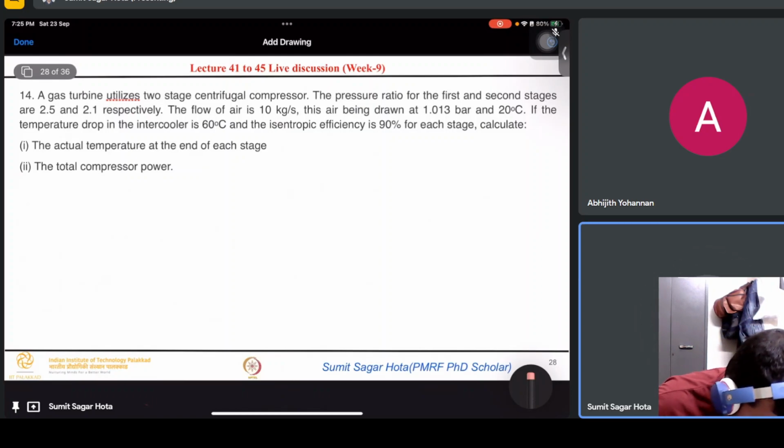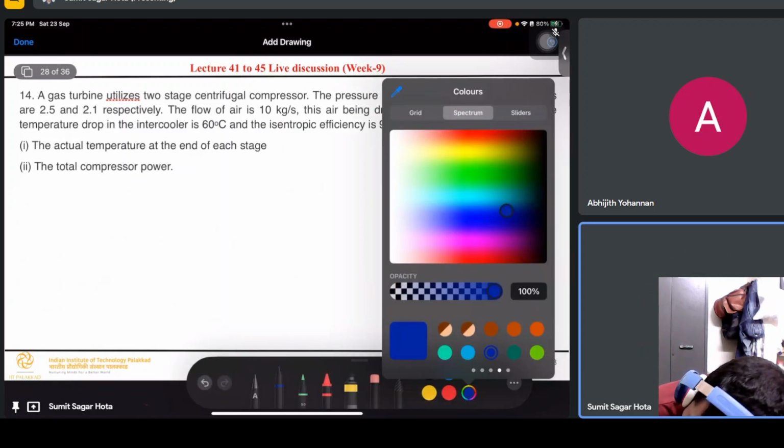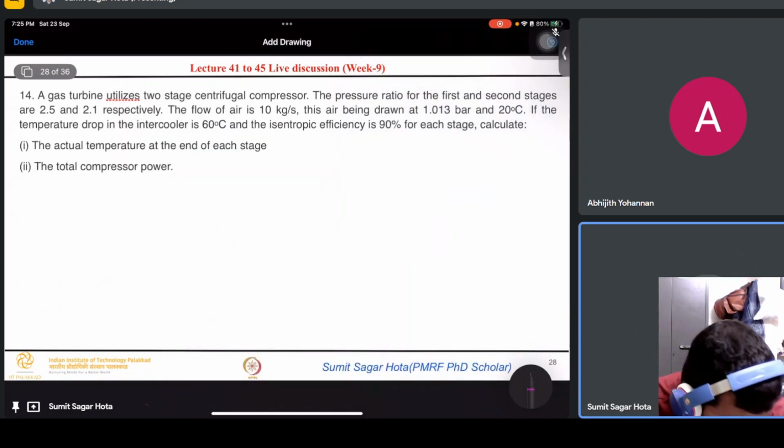When this type of question comes, first you have to draw the cycle. Here we are not required to draw the full cycle; a half cycle is also enough, depending on which part we are required to find out, because it's related to one kind of device, maybe a compressor, nozzle, or like that.